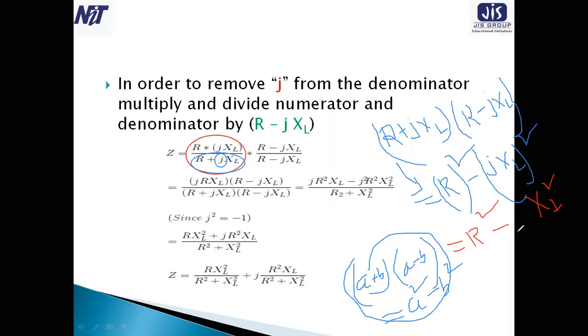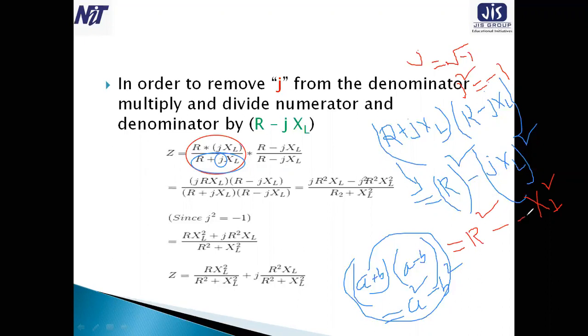But the question is, what is this j square? j equals root over minus 1. So j square equals minus 1, because the root will vanish and only minus 1 will be there.